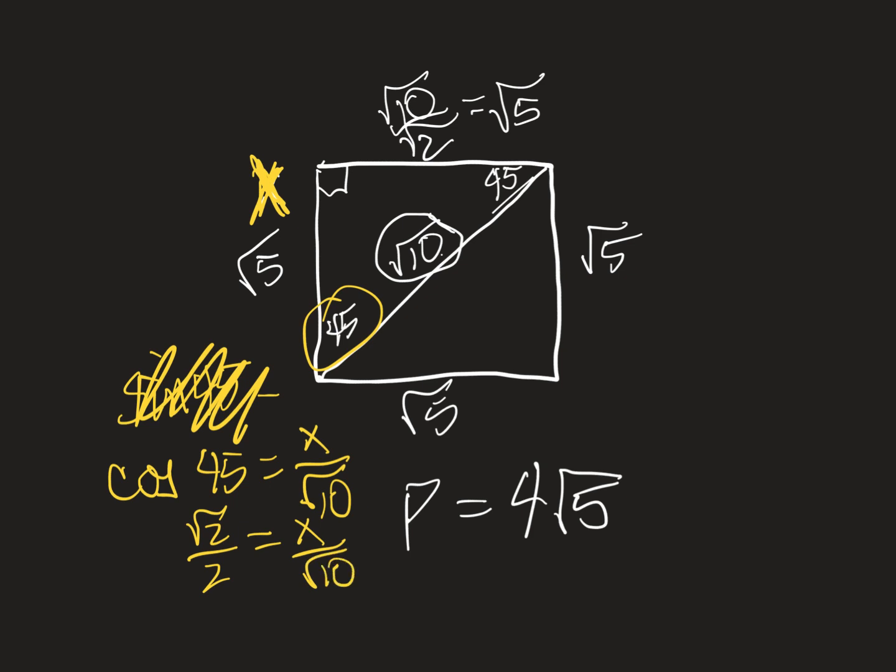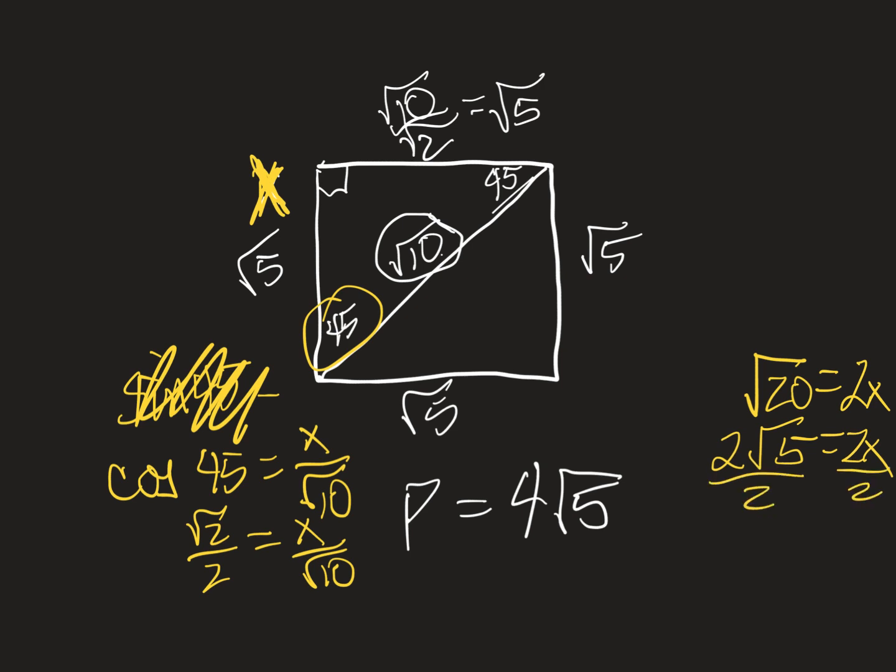All right? So then I can cross multiply, and I get the square root of 20 equals 2x, like that. And then square root of 20 is 2 square root of 5 equals 2x. And then you divide by 2, and you get the square root of 5 equals x.